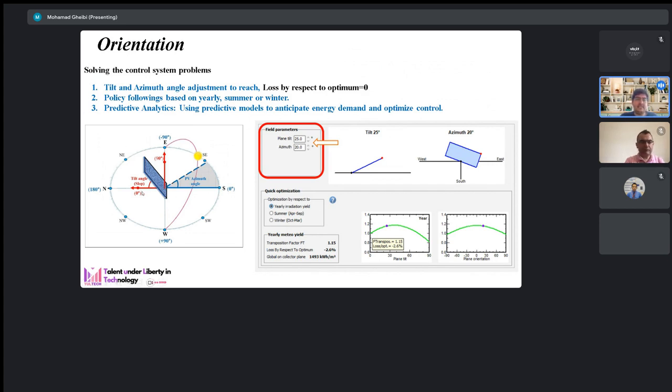For example, you can see the tilt, the angle between the axis of north to south, and it is named tilt. How can we adjust the tilt? We should adjust the tilt little by little until this value, the loss with respect to optimum, is equal to zero. It is very, very important.